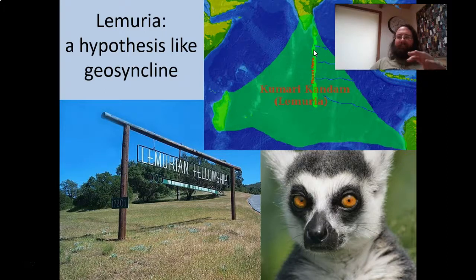So the hypothesis went, with this geosyncline theory, that there had been a giant plateau in the middle of the ocean that was this weird utopian paradise. There's even a fellowship out near Ramona dedicated to this lost land. And this plateau collapsed, a sort of Atlantis of the Indian Ocean, a paradise lost.